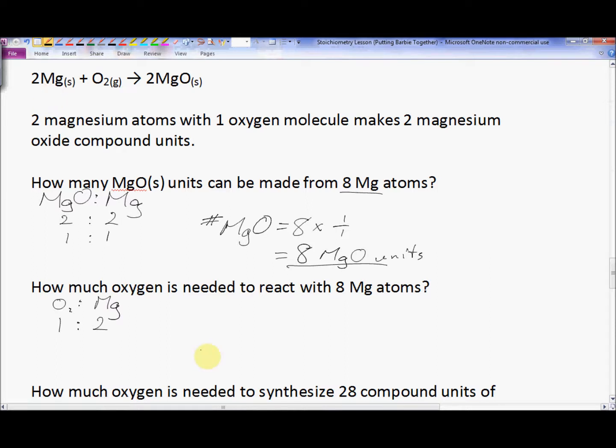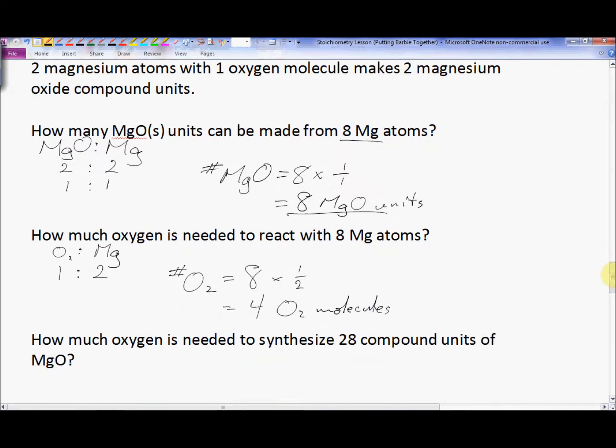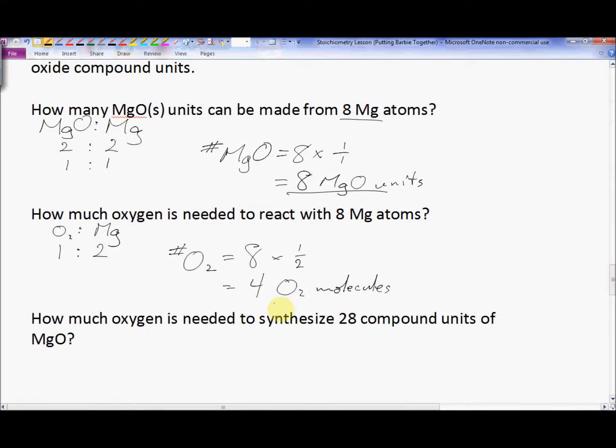So if we're looking for the number of oxygen molecules, that's going to be equal to 8 magnesium atoms times the ratio of 1/2, which gives us 4 oxygen molecules. So we know that 4 oxygen molecules will react with 8 magnesium atoms in that chemical reaction.